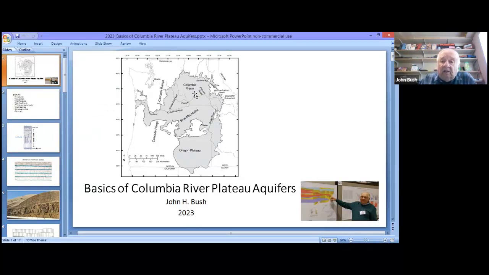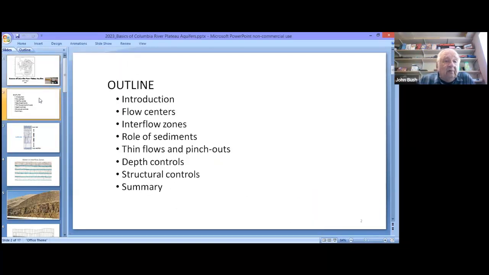He did not talk about that much, but what I'm giving you is material that is summarized from other reports throughout the Columbia River Basin, and then I'll give you a couple of examples of how they are important in the Moscow-Pullman area. So we're going to cover basalt flow centers, interflow zones, the role of sediments.